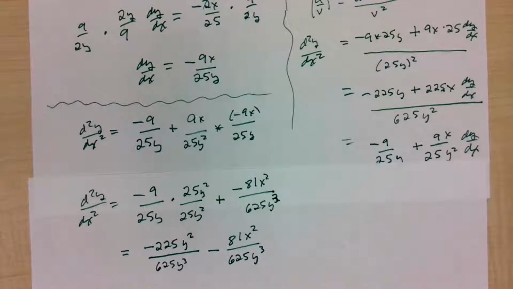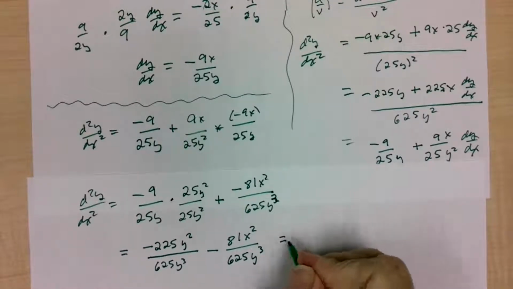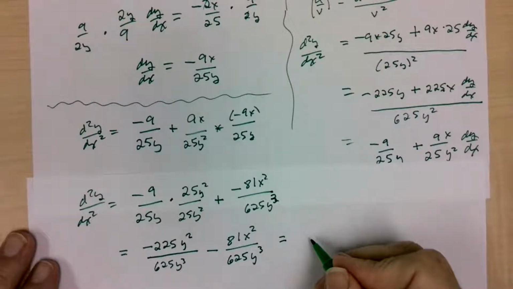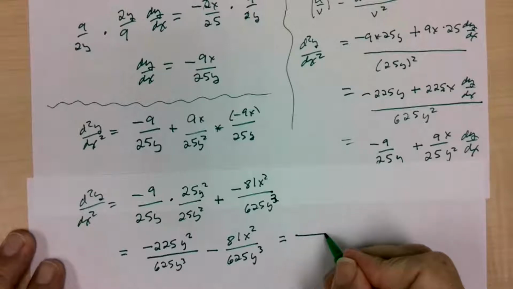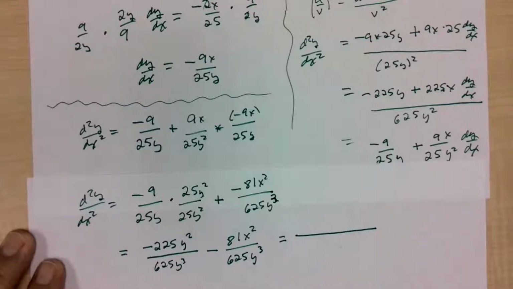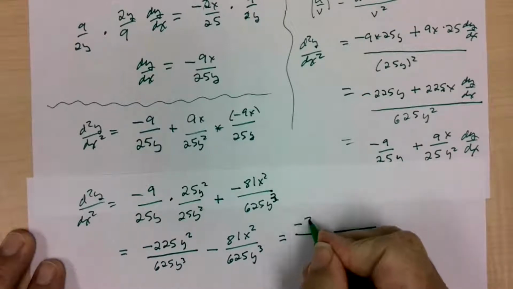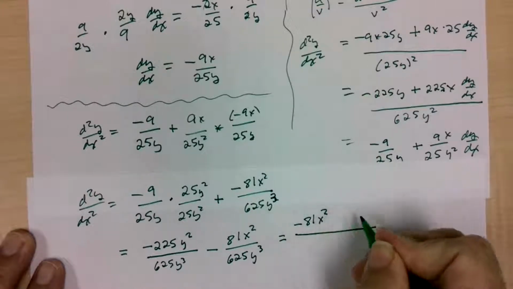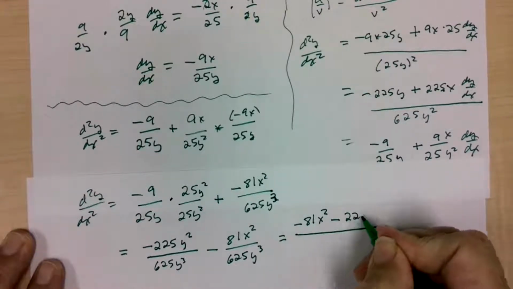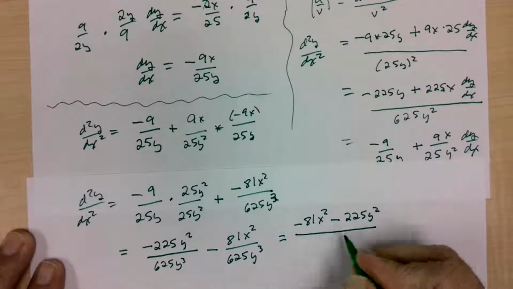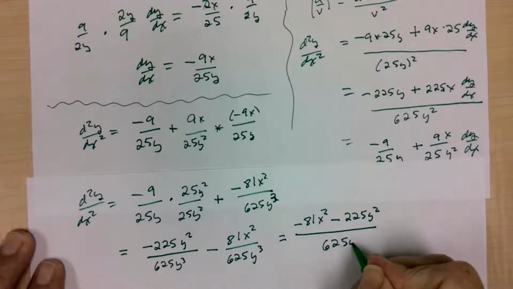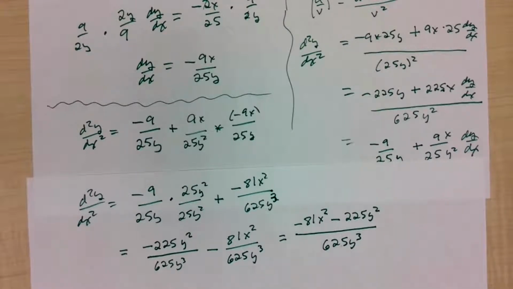And we put those things together, that gives me negative 81x squared minus 225y squared over 625y cubed. And that answer is acceptable.